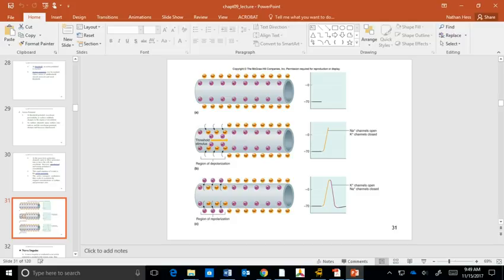These sodiums come rushing in, so the inside becomes much more positive. Do you see how high it goes? Way up here into that positive 20 or positive 30 range. But then very quickly, that signal is being sent down the neuron, and it repolarizes back to its negative 70 piece.